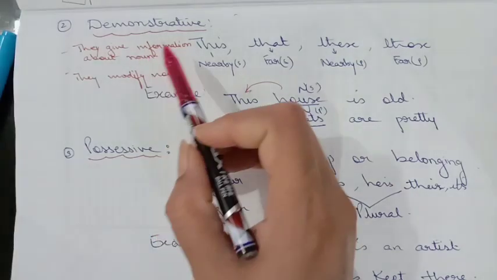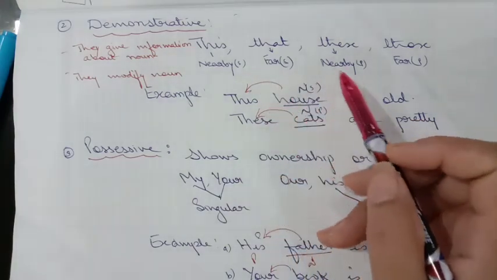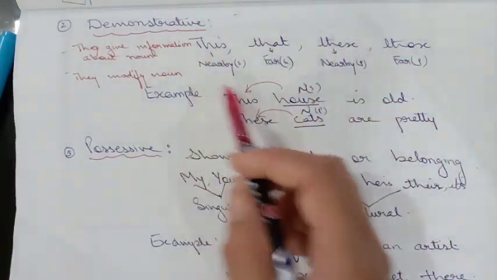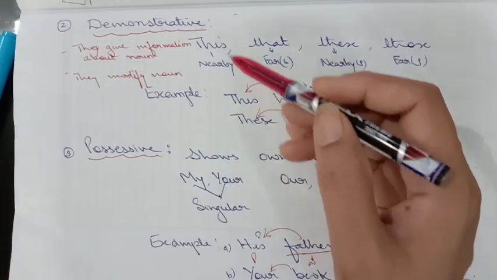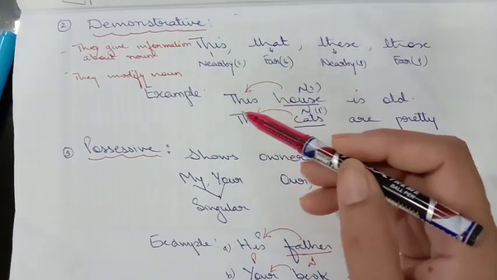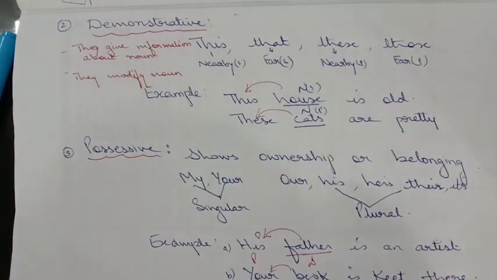The next one is demonstratives. What is the work of demonstratives? They give more information about a noun. They modify a noun. This, that, these, those are all demonstratives. If an object is nearby, you will say this, singular. If it is far but singular, you'll say that. If it is plural and nearby, you'll say these.